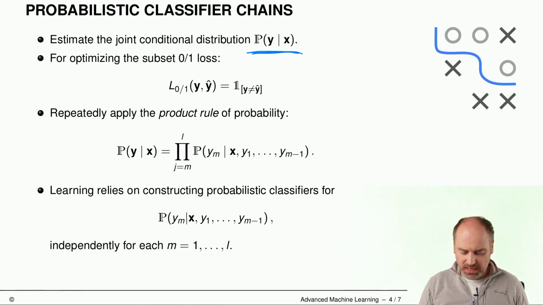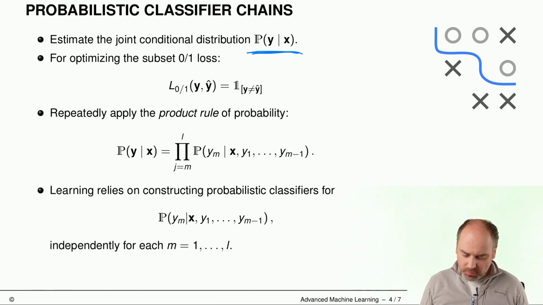The first thing we can notice is that we have all of these y's, it's a vector, this is annoying. Can we break down the complexity of that thing? We can do that even without losing anything, just by applying the product rule of probability. We will always condition on x, that's just a feature vector.